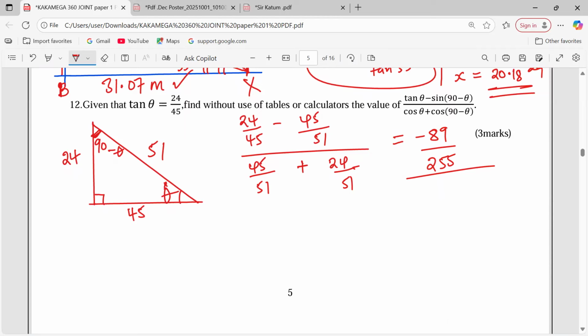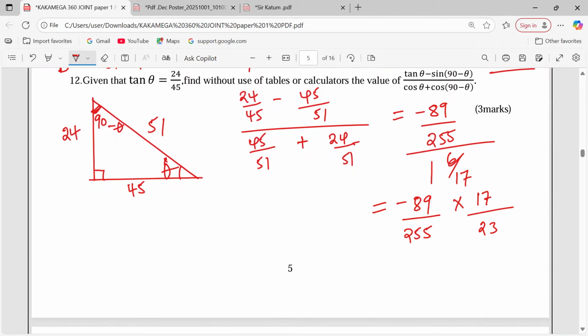Now this gives us 1 and 6 over 17, meaning that instead of dividing negative 89 out of 255, we multiply by the reciprocal, 17 over 23, like that.